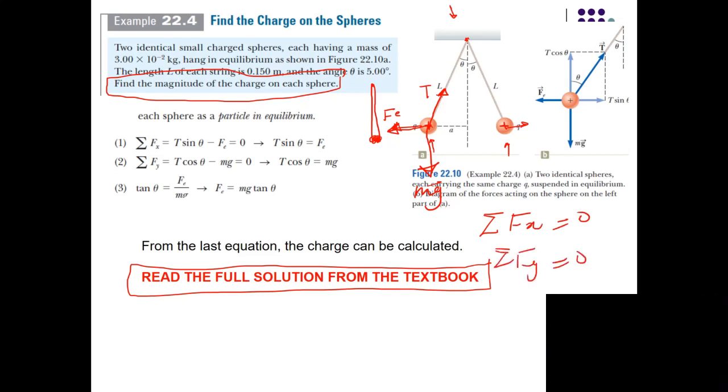Well, T has two components. One goes to the right, one goes upward. This is angle theta. So this is T sine theta, this is T cosine theta. So very simple. This force has to be equal to that force, and this force has to be equal to this force. That's it.